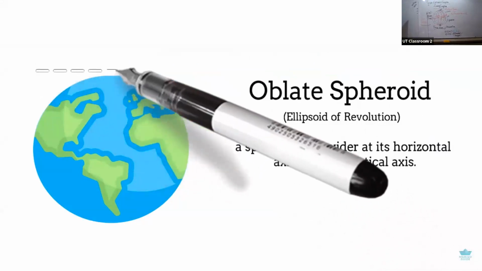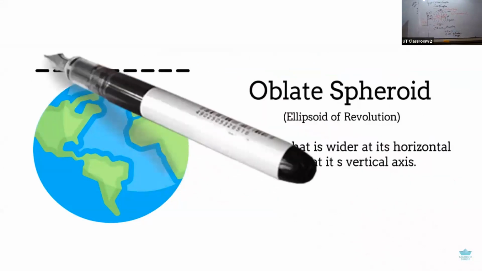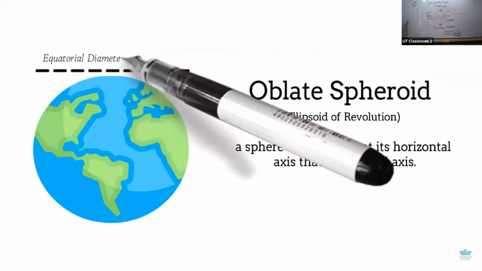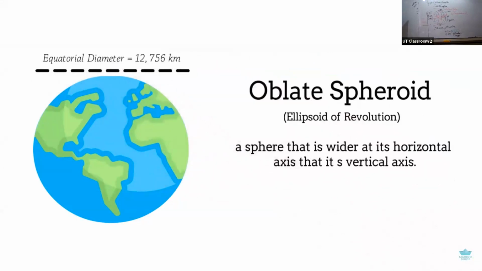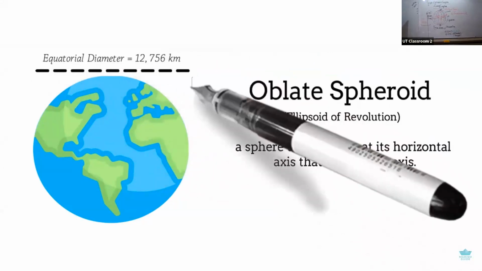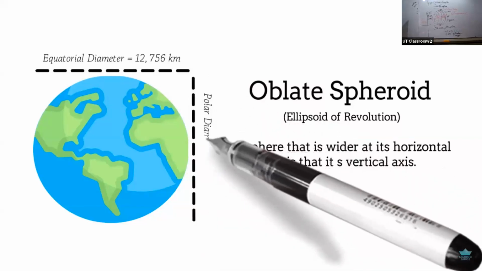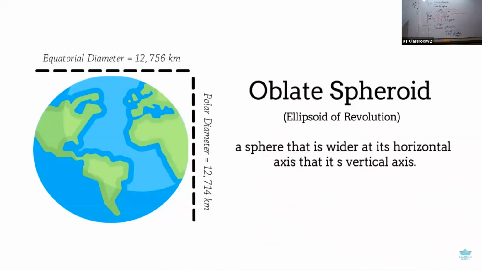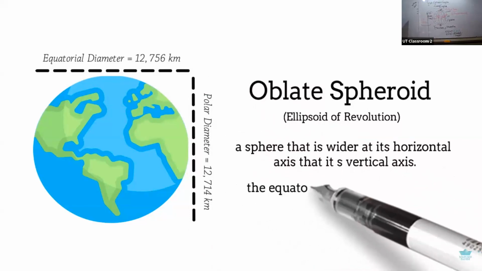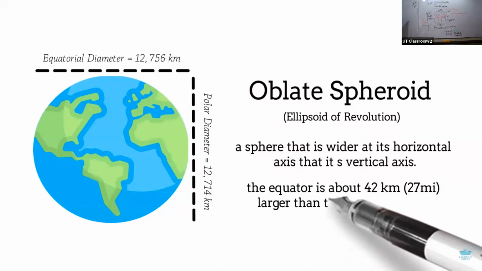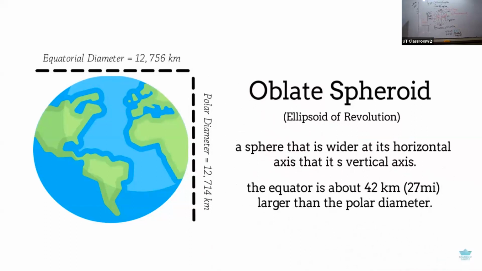The horizontal axis, or the equatorial diameter of the Earth, is 12,756 kilometers, while the vertical axis, or the polar diameter, is 12,714 kilometers. Comparing the two distances, the equator is about 42 kilometers larger than the polar diameter. Thus, the shape of the Earth is oblate spheroid.